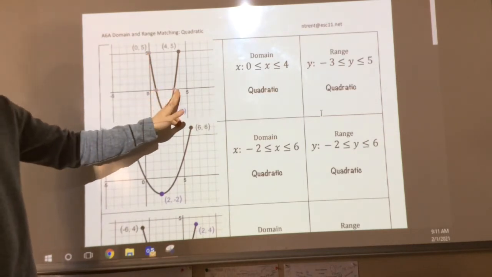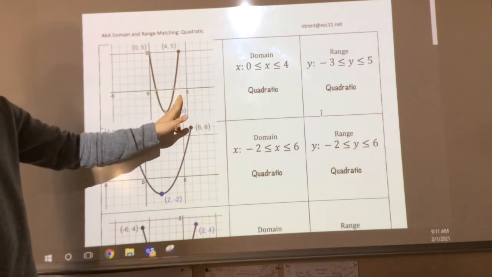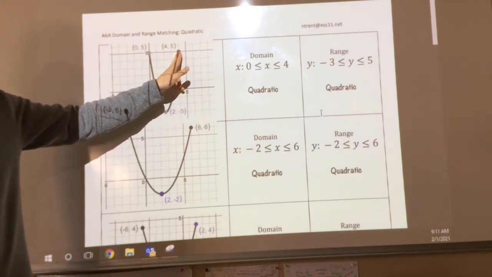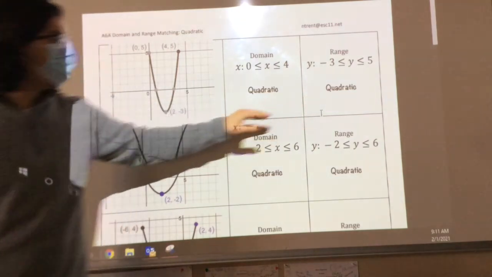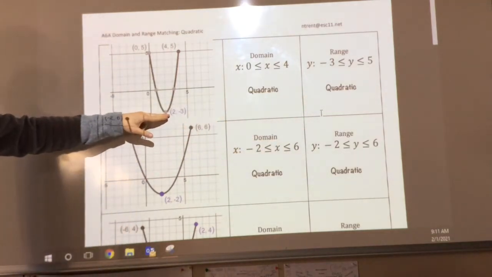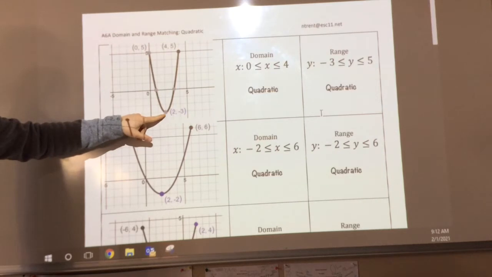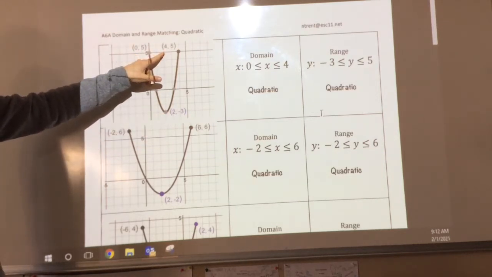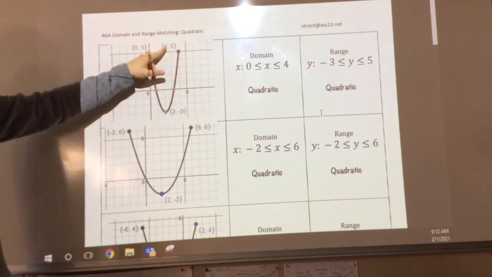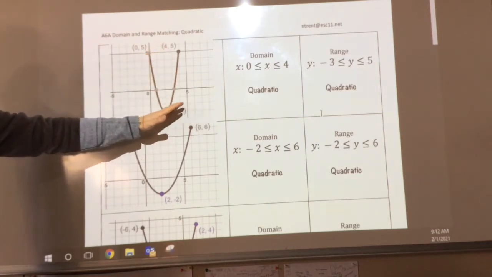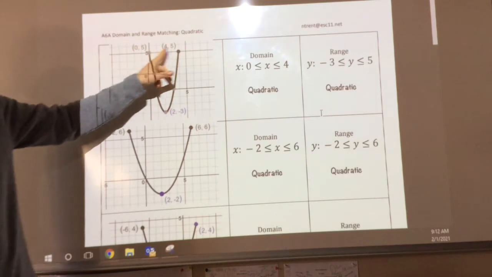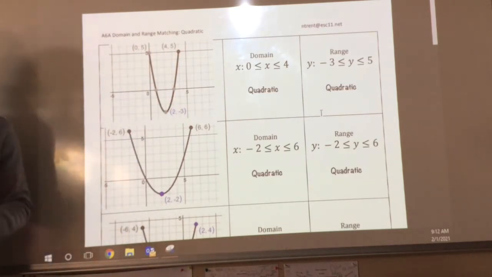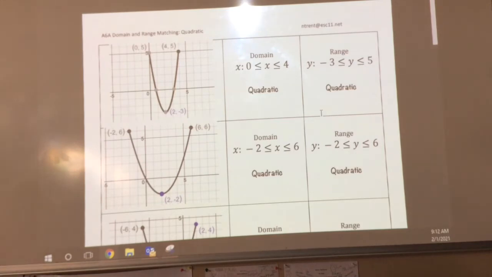And the largest x value that I have is going to be 4. My range, the smallest y value that I have is -3. And the largest y value that I have is +5. Are we okay with those ideas? Again, because of the points here, that is what solidifies this for me. If the points were not there, we're going to assume that the arrows go on forever.